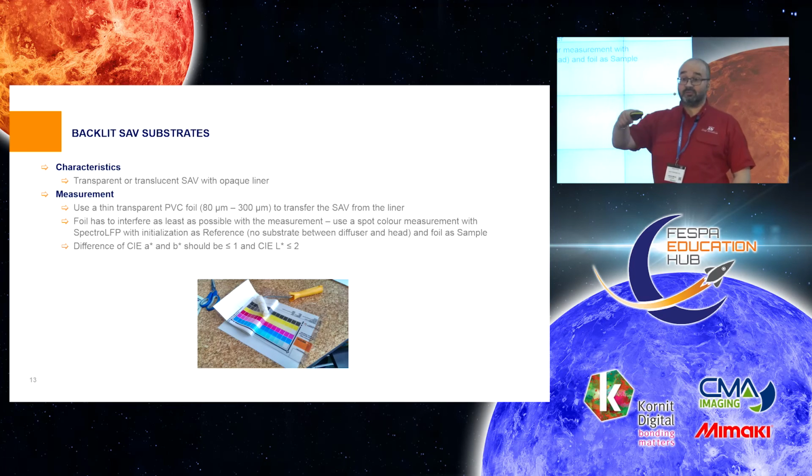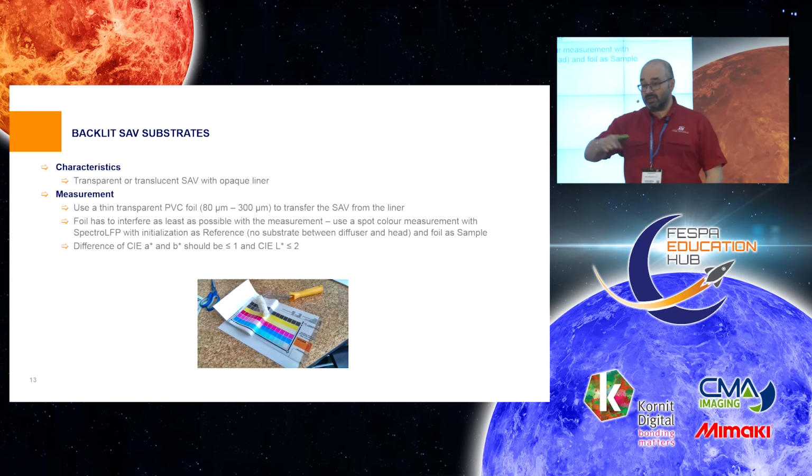If you initialize your spectral FP, you don't have anything between the measurement head and the diffuser. That's your initialization. Then, using the spot color measurement in their software, compare the result of this initialization as a reference with the foil as a sample. The closer they are, the better the foil is.